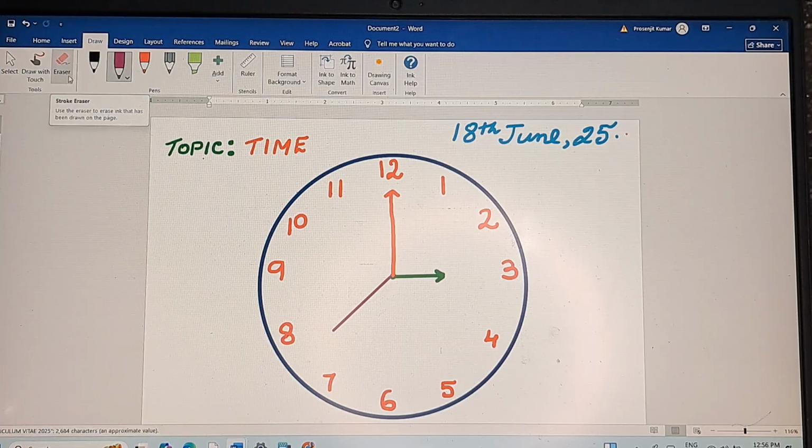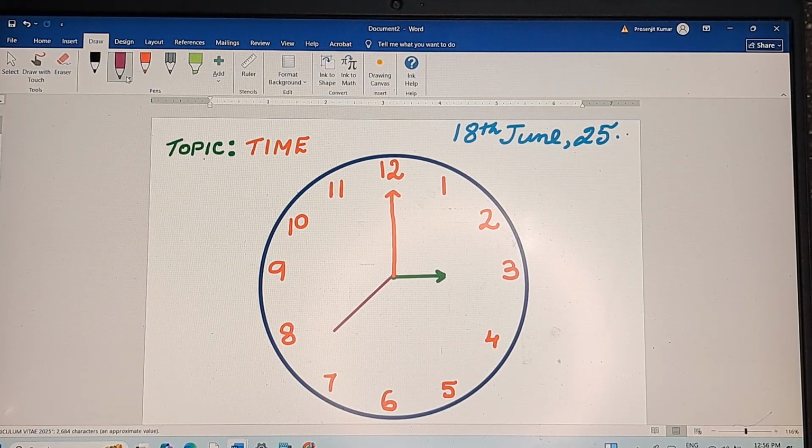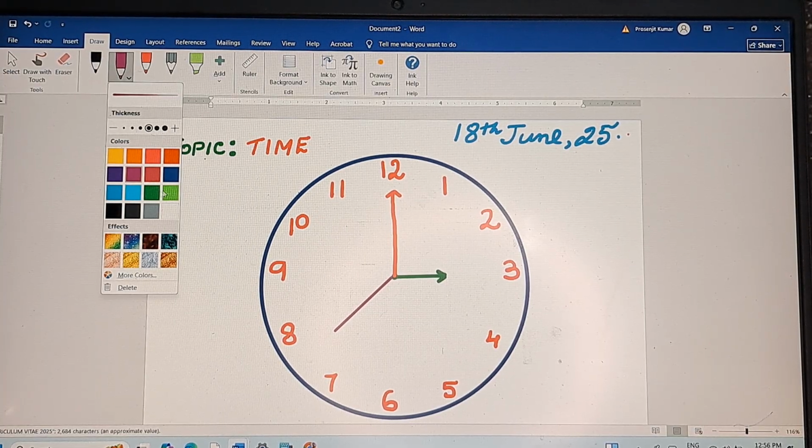Now in this clock I'm going to mark the minutes.